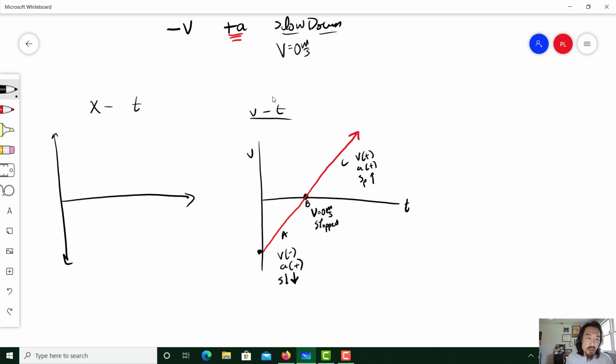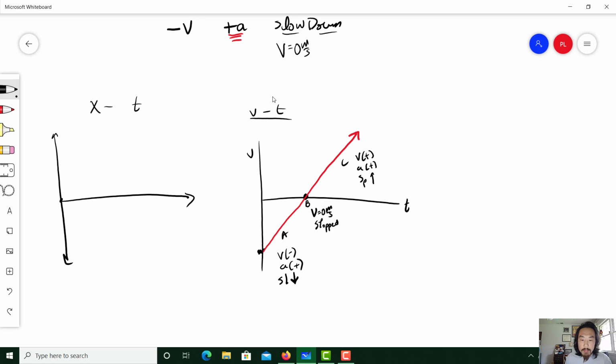So let's assume that we're starting at position 0. We have a negative slope, and that negative slope is going to be very vertical in the beginning, but eventually it's going to flatten out. Okay, and then from there, we're going to have a positive slope, and it's going to be curved.